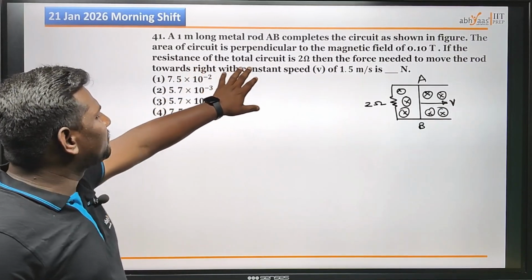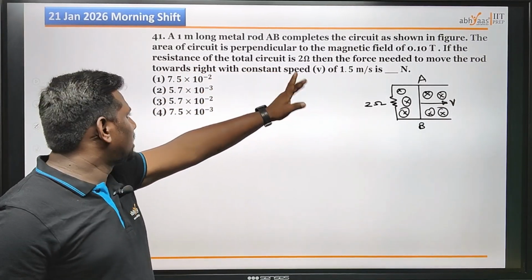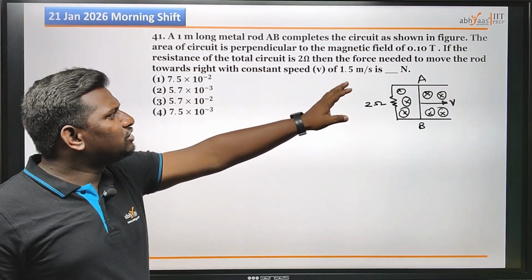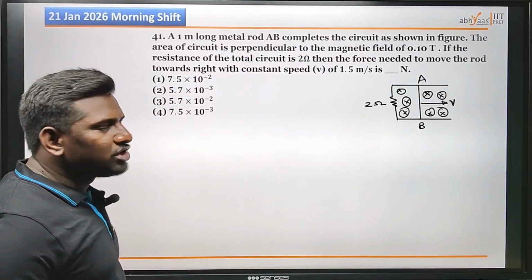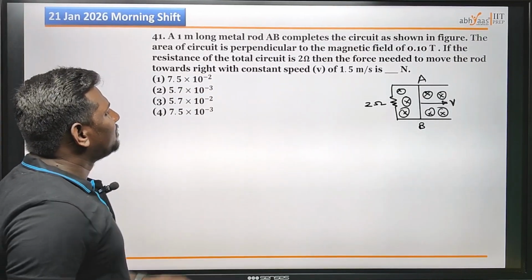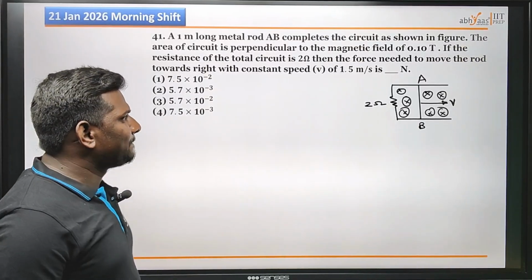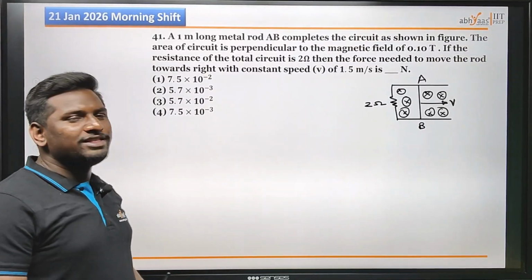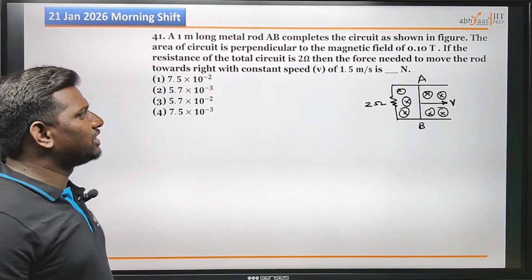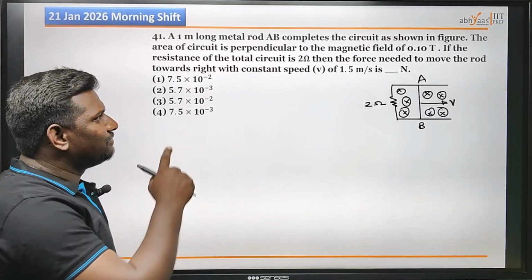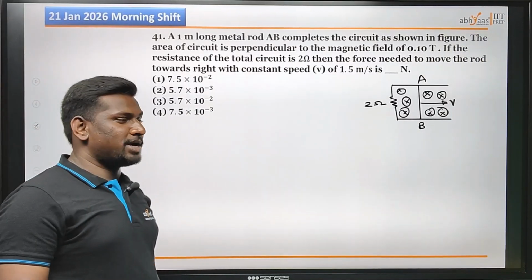If the resistance of the total circuit is 2 ohm, they have asked the force needed to move the rod towards the right with a constant speed of 1.5 meter per second. What do you have to find? You have to find the force. How much force is required to move that rod with velocity 1.5 meter per second.